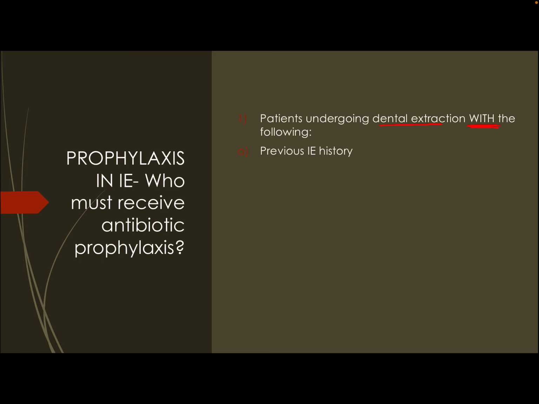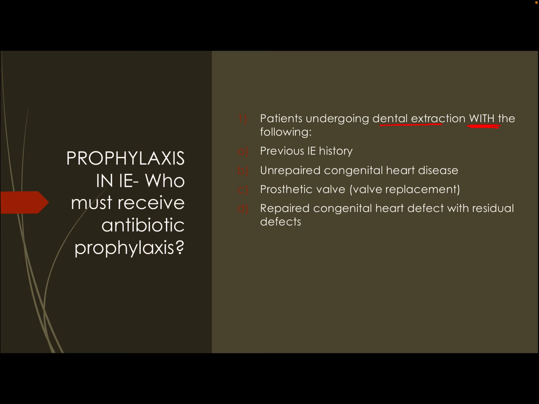What are these? A history of previous infective endocarditis, unrepaired congenital heart disease, presence of prosthetic valve, a repaired congenital heart defect but with residual defects, history of cardiac transplant.